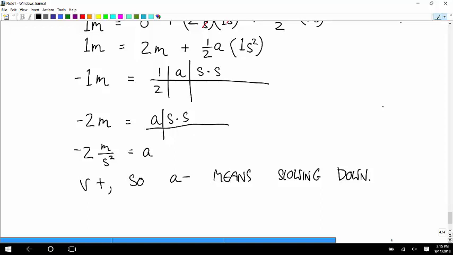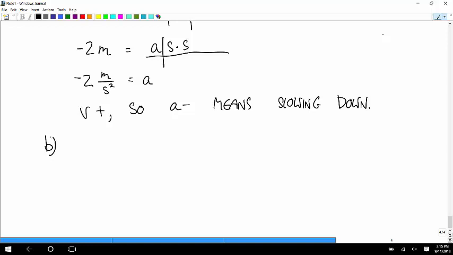Okay, so now for part B, we want to calculate the final velocity. We can keep all the same instants because that final velocity we want is at one of our two instants. So V final is already at our t final, so we can still keep those.